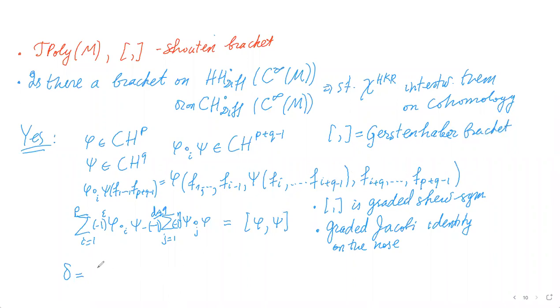This delta of phi is just a commutator, a Gerstenhaber bracket of M and phi, where M is the map which sends pairs of elements in A to their products.